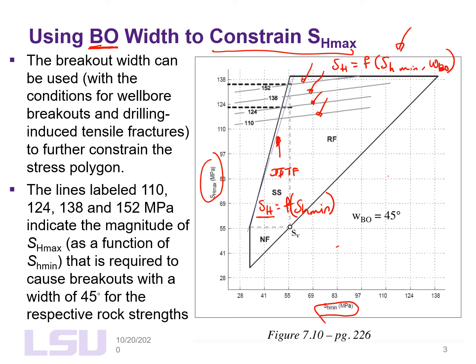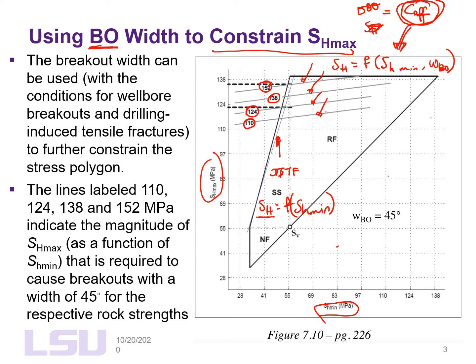And that's coming from the Kirsch equation for well-bore breakout, the one you saw, the first equation where we set this guy to the rock strength, right? And now made SHmax the subject of the equation to get this. So these are the lines, but at different values of rock strength. So these are the rock strengths.